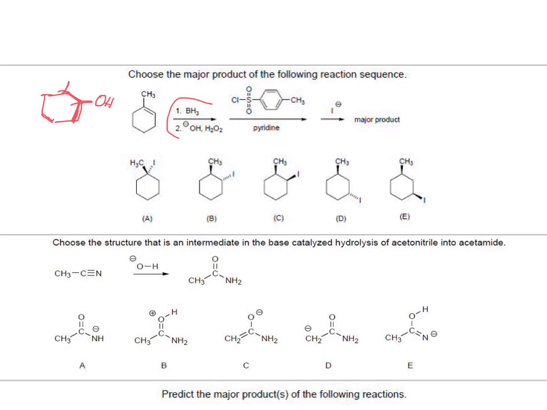Now recall that BH3 with hydrogen peroxide is a syn addition. That means the BH2 and the H are going to come from the same side. What does that mean? That means that if you have a methyl group, we are going to try to stay as far away as possible from the methyl group.